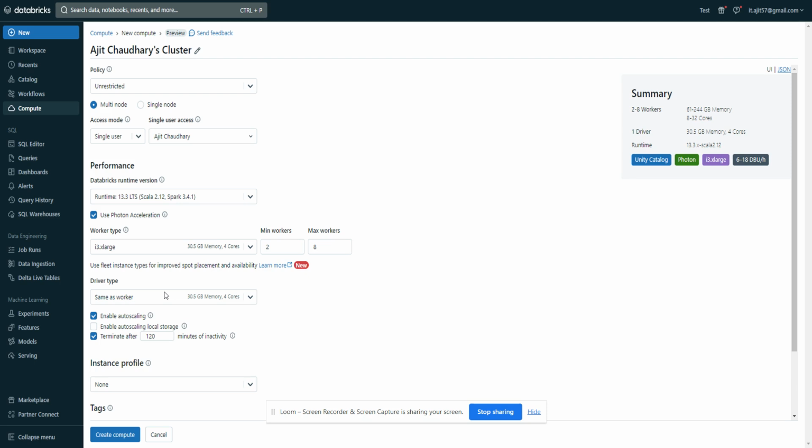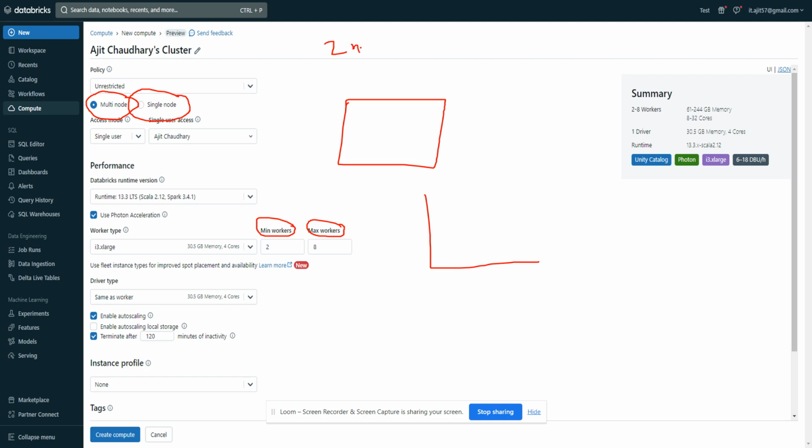Going back to Databricks, what we can see here is the node. A node, if we are using multi-node, and node and workers are similar, means, let's say, two boxes.